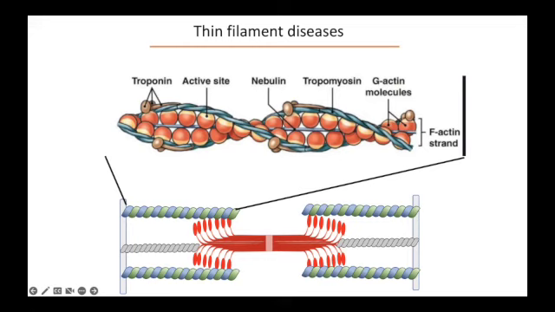And nemaline is the other protein that helps stabilize and tells how long the filament should be. But there are a lot of other proteins that we're going to show you later. So any mutations or any changes in the genetics of these proteins will produce thin filament abnormalities and eventually what we call Nemaline myopathies.